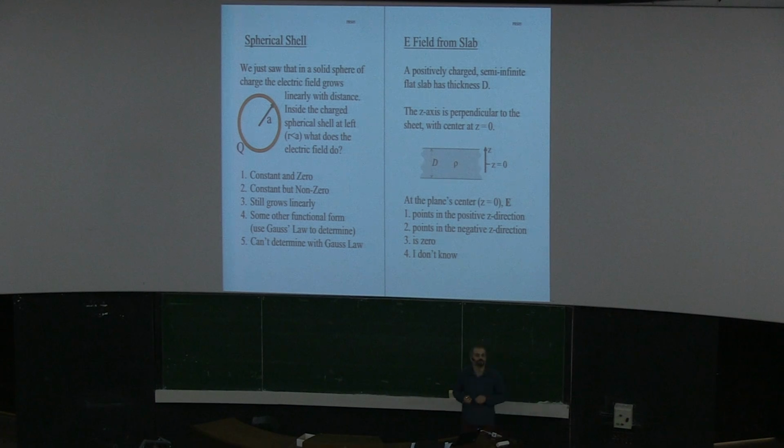Why 2? Why is it constant and non-zero? I saw one hand over there. How many of you think that it's constant but non-zero? Okay, no hands. Why can't it be determined?